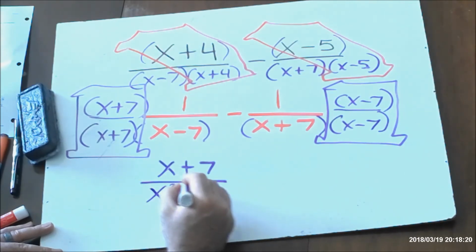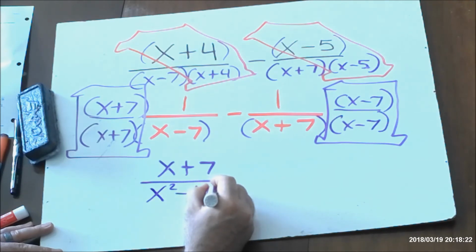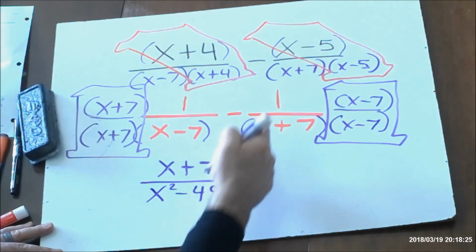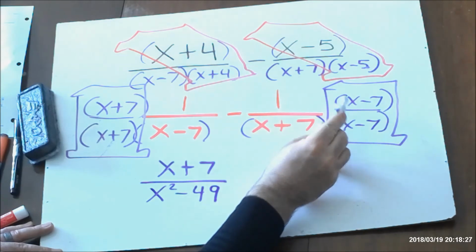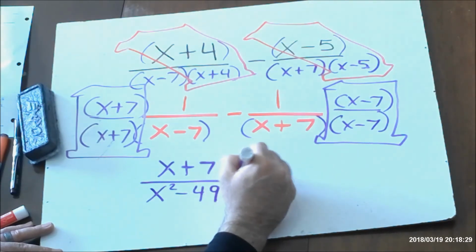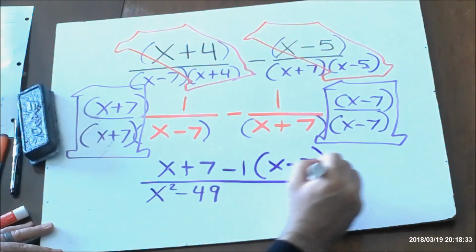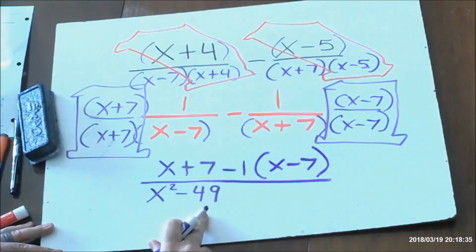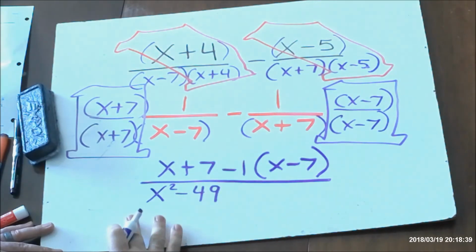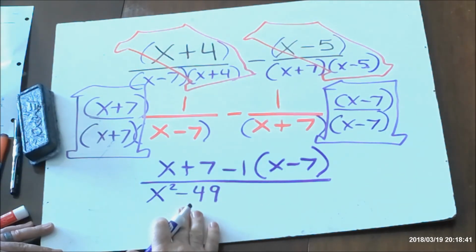It becomes a difference of squares. So it's going to look like that. Over here, we had a negative 1 times x minus 7. I'm going to go ahead and put that in parentheses so I don't forget that that negative is going to distribute. Remember, once I have one denominator, I don't need to add it to itself. So this denominator is the same. You don't add the denominators, just the numerators.